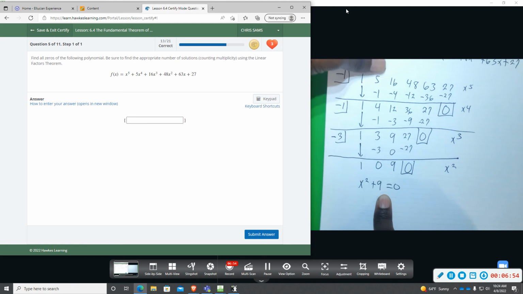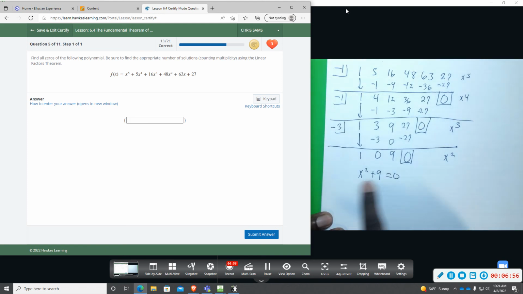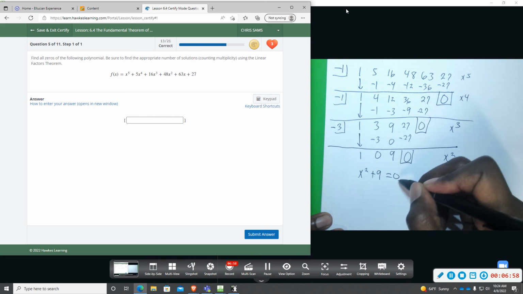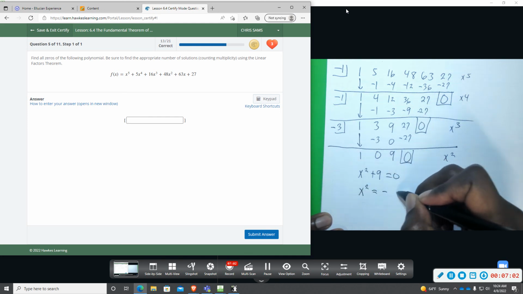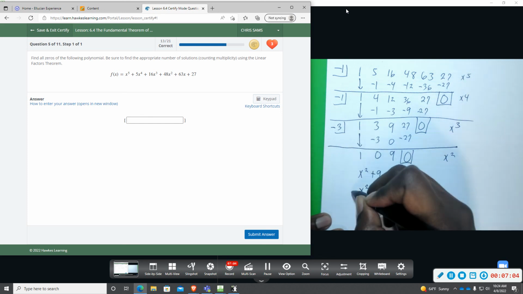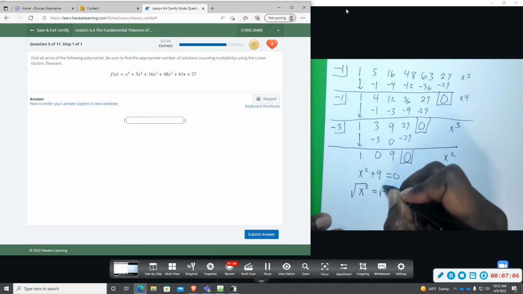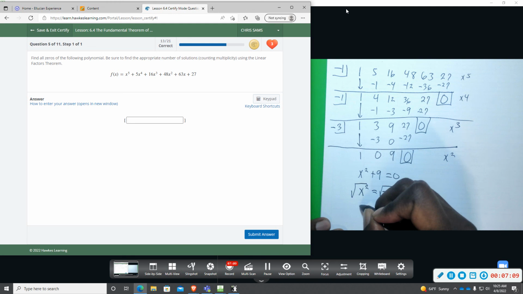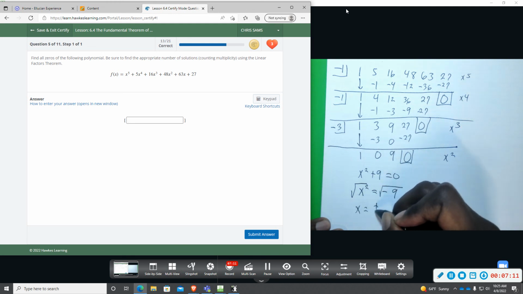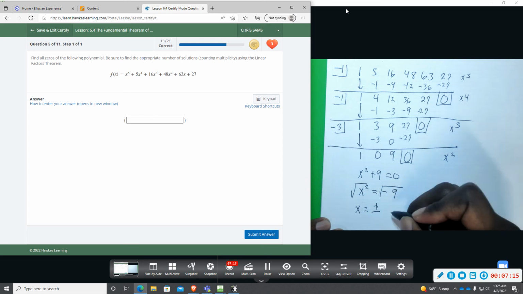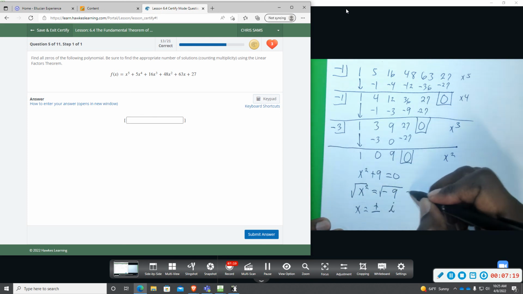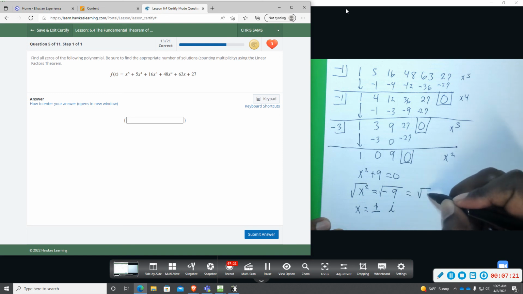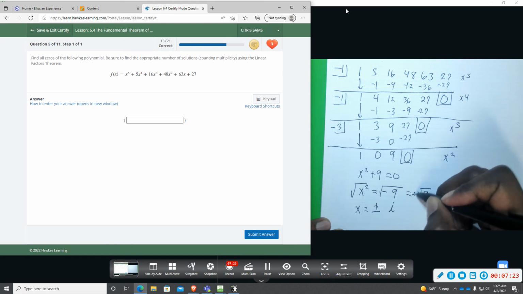So solving this, we would subtract 9 from both sides, so that gives us x squared equals -9. And then we will take the square root of both sides, and that will give us x equals positive or negative. Now, the negative under the square root will make this imaginary, so this will become an imaginary number. And then this is what we're looking at, square root of 9, and then this is i.